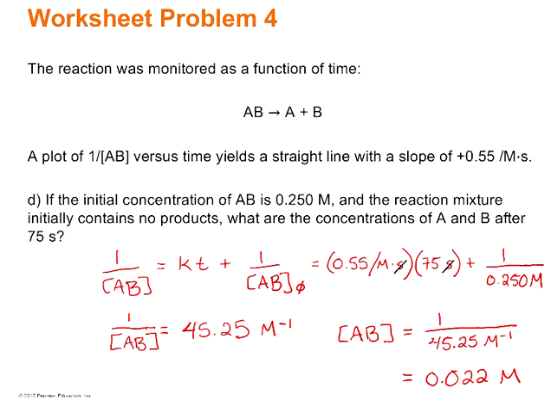And then once we narrow down what the order of the reaction is, we can also figure out what the rate constant is from the slope. But we can also use these integrated rate laws to figure out concentrations of reactants or products at particular time points in a reaction. So there are a lot of different ways we can use these particular equations.